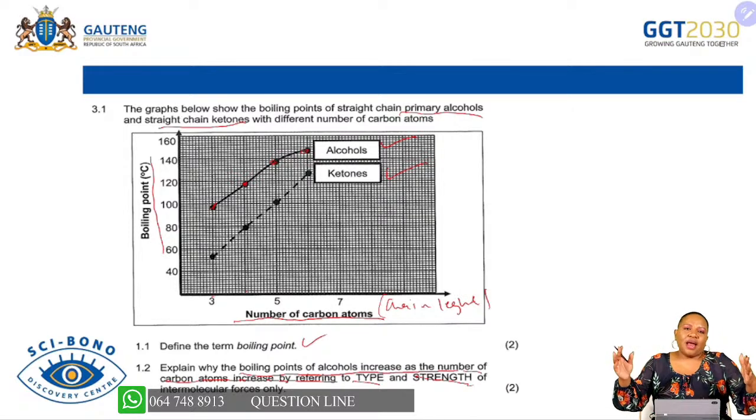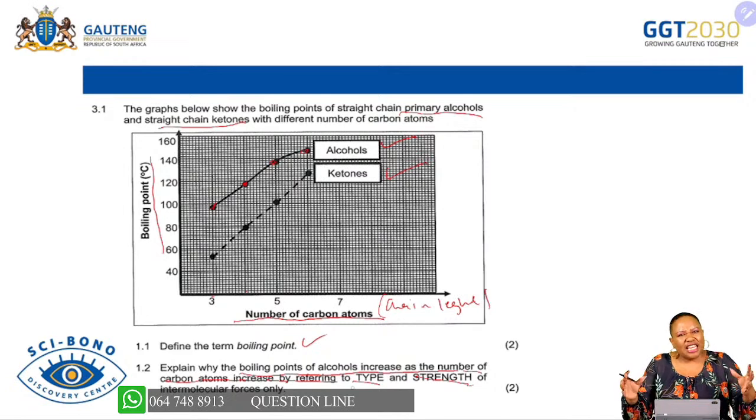So as the number of carbon atoms increases, we already explained that as the chain length increases, the strength of the intermolecular forces increases. That is the first thing that you need to understand about alcohols.